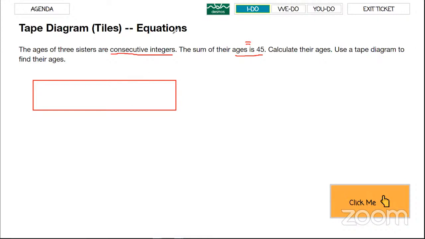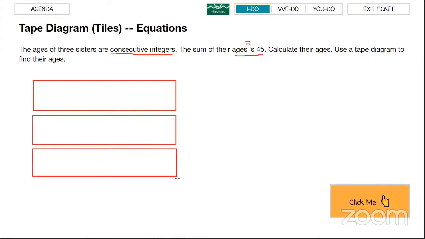So I have one tape, and let me get another one. Okay. But let's say we don't know the first sister's age, right? So we're going to say it's an X because we don't know it. If we don't know something, we always label it with a variable.